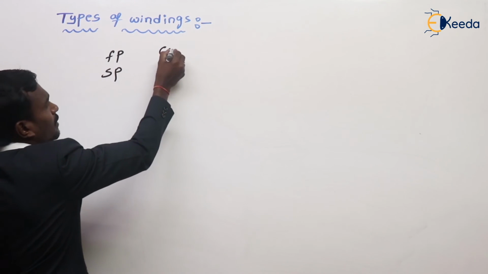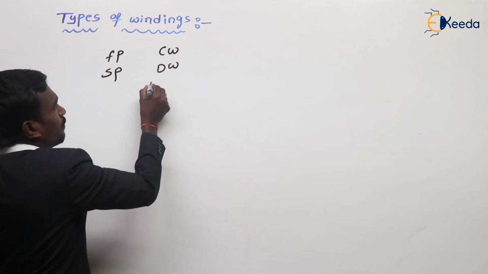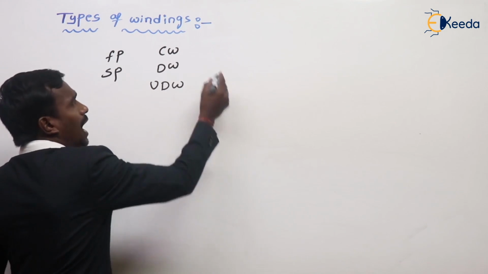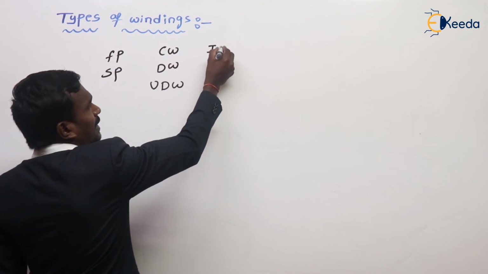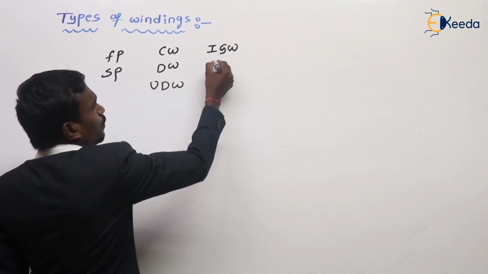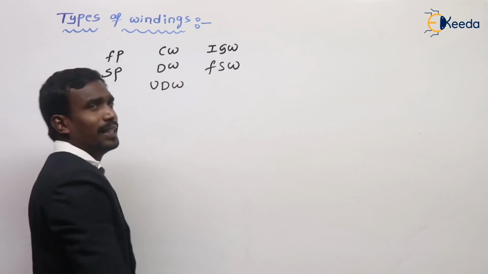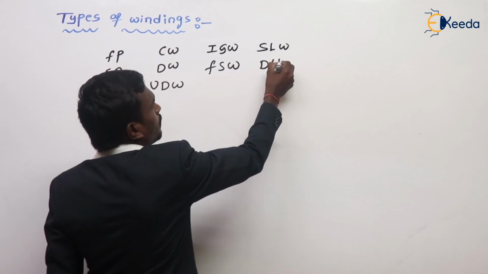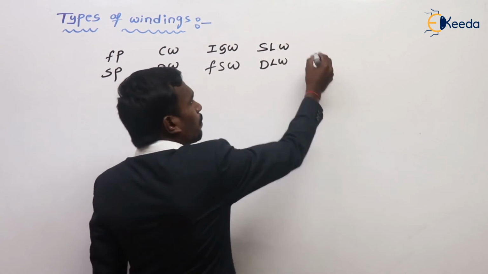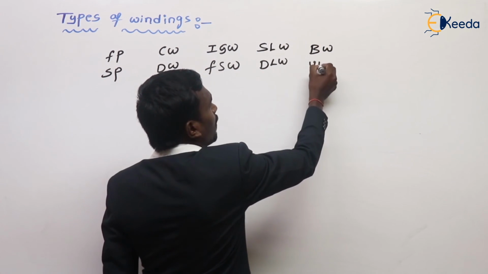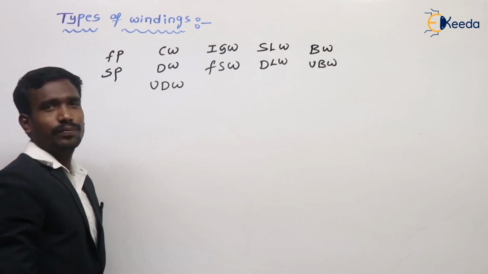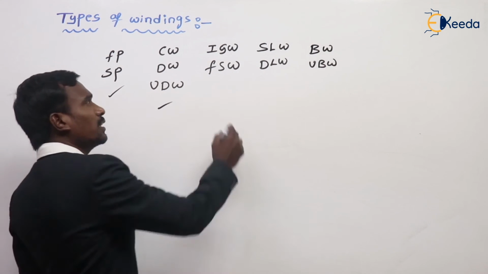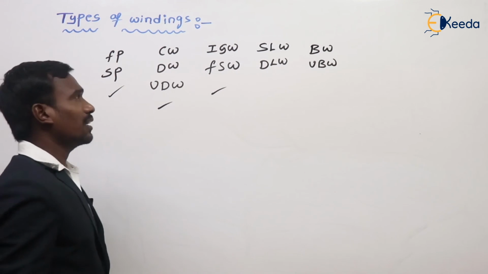We have concentrated winding, distributed winding, uniformly distributed winding, integral slot winding, fractional slot winding, single layer winding or double layer winding, balanced winding, unbalanced winding.